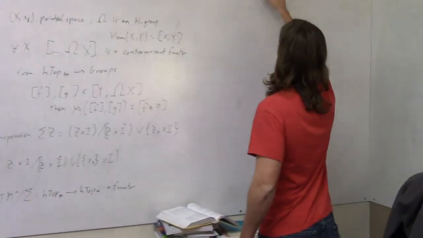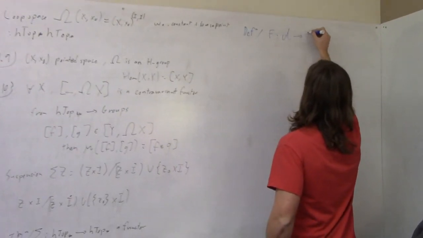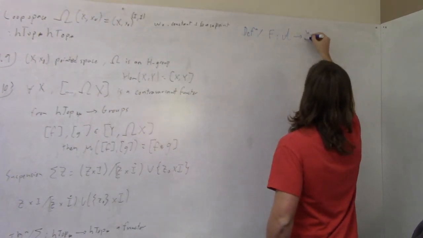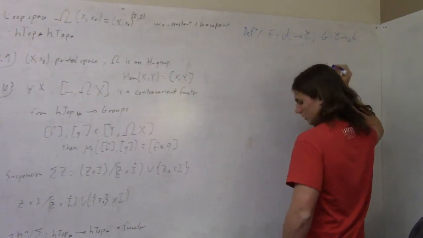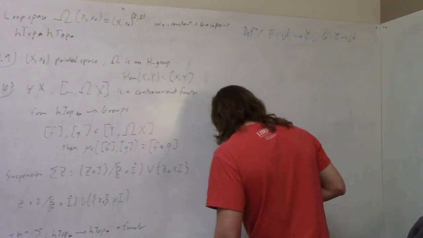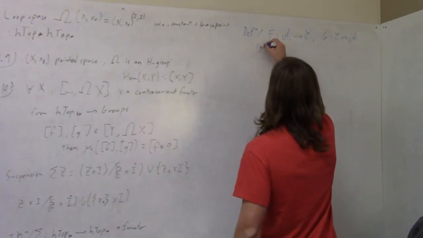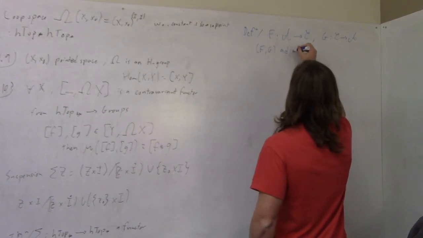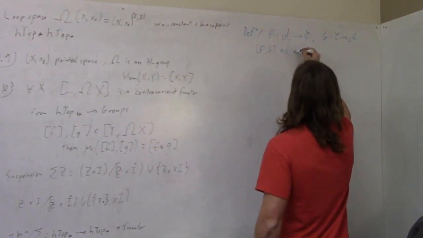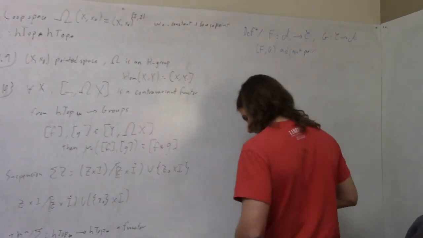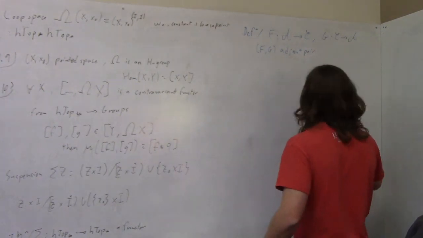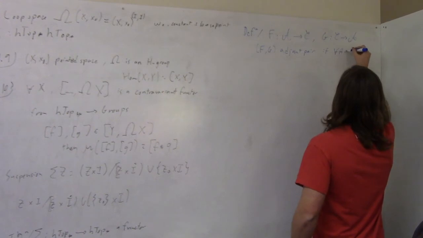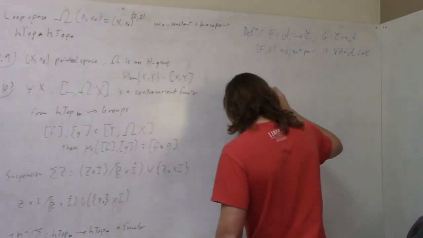So F from A to C, where A and C are categories, and G from C to A. F comma G is an adjoint pair if we have a bijection.